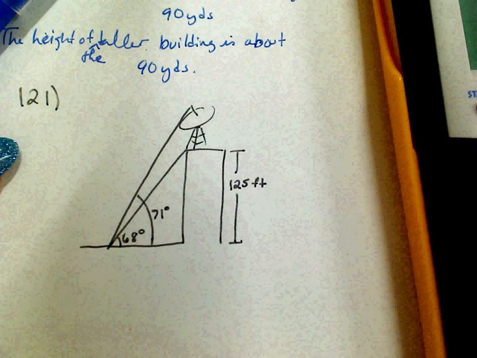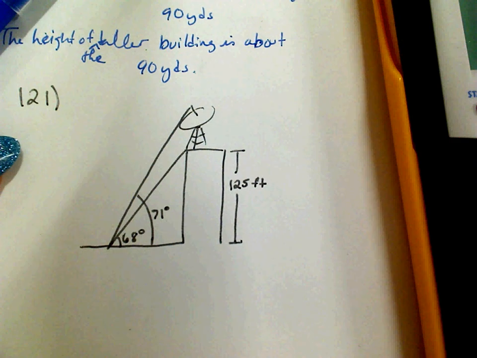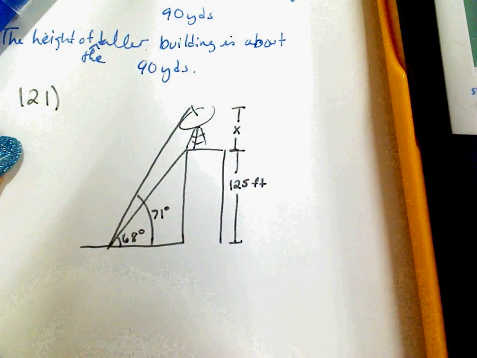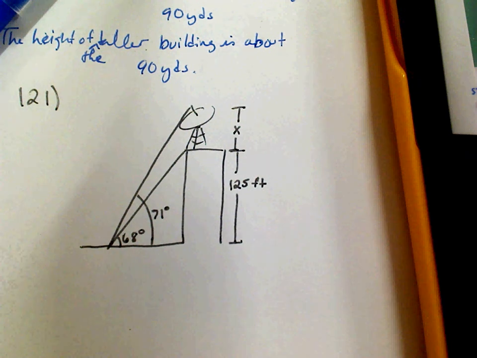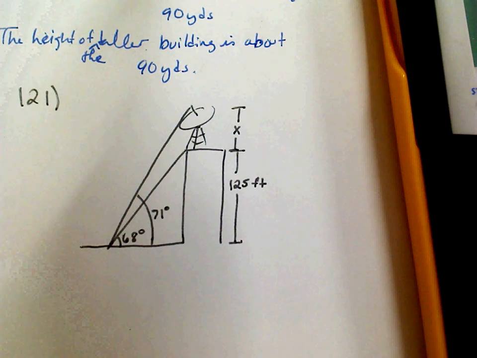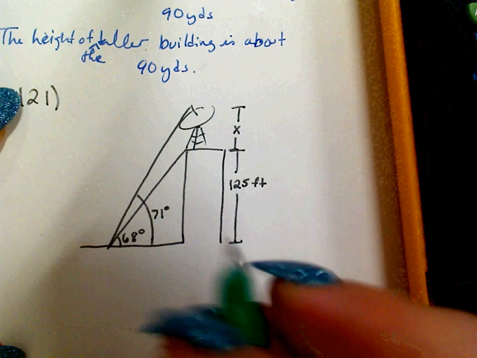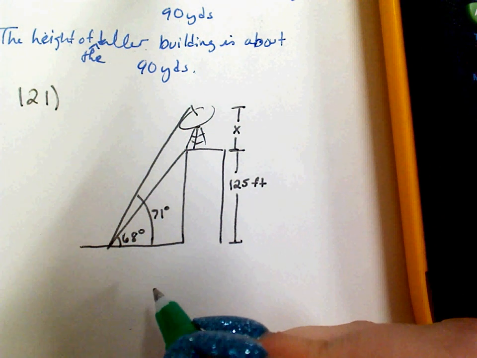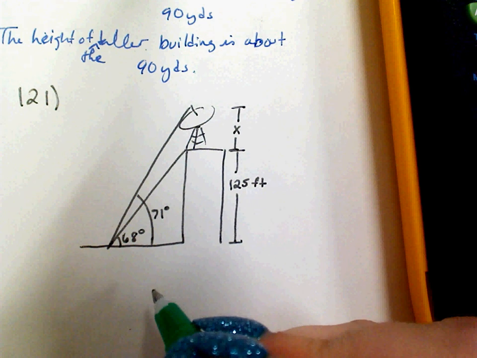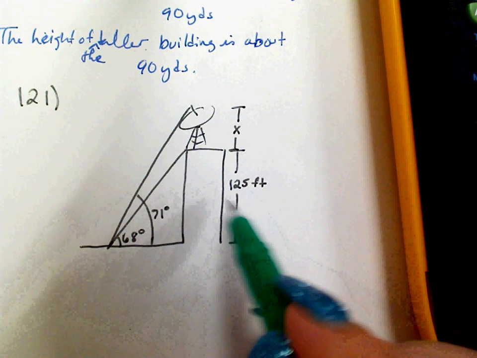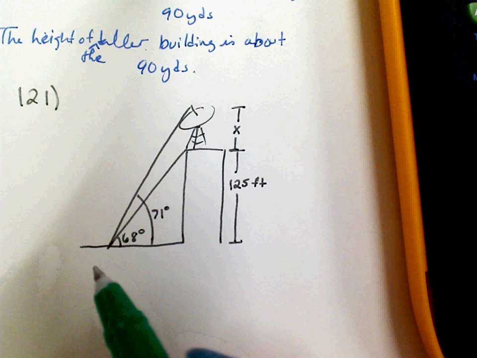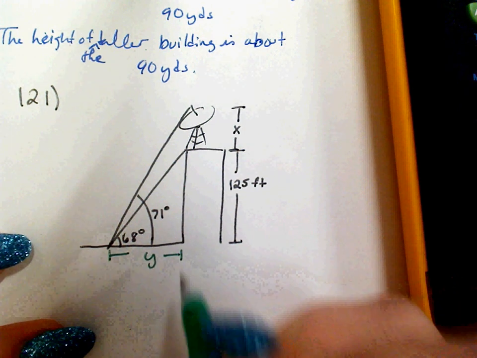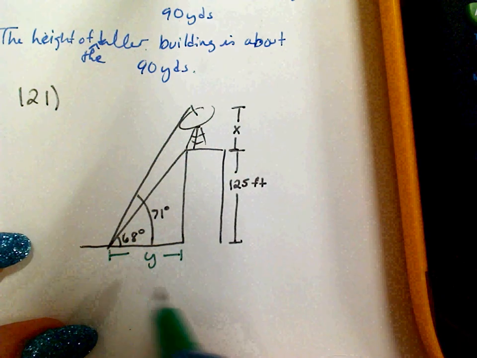And the question is, how tall is the antenna? So the only measurements I really have are 125 foot and then the angles. So I'm going to let this distance be y, and I've got opposite and adjacent, so I'm going to deal with tangent.